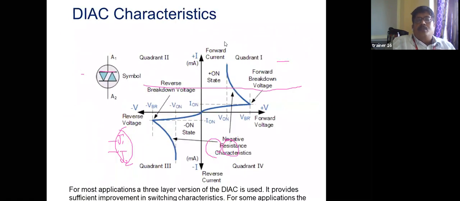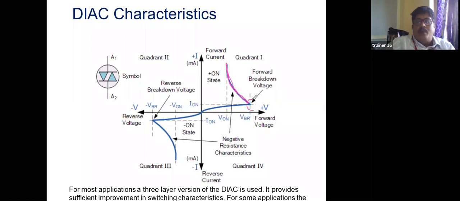Now the diac characteristics. When a forward, that means positive, voltage is given to the diac, only a negligible amount of current flows. Then at one particular point the current increases gradually.